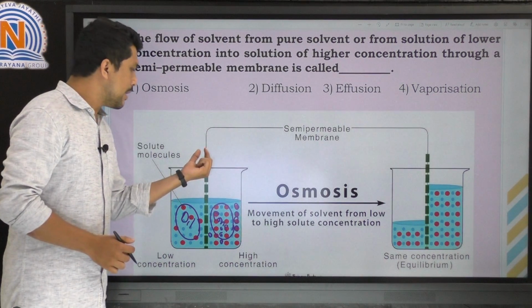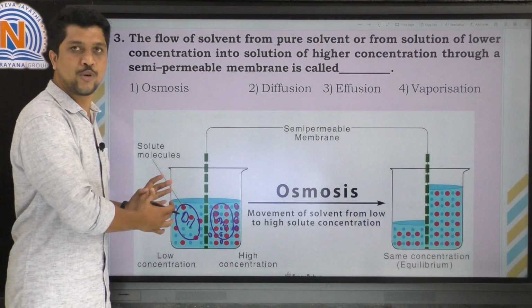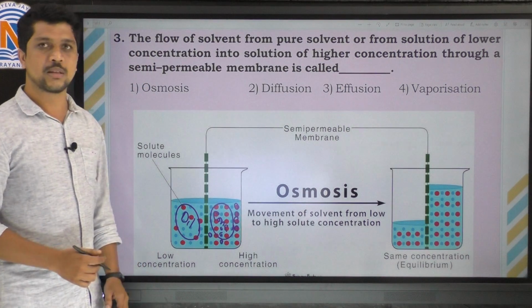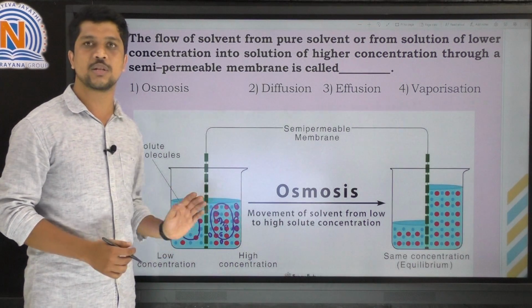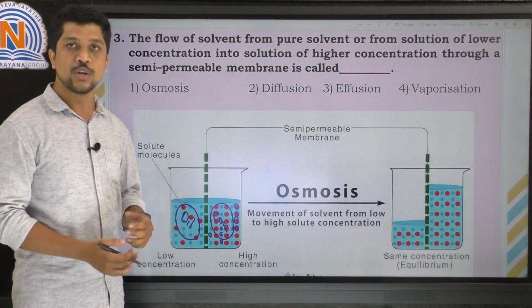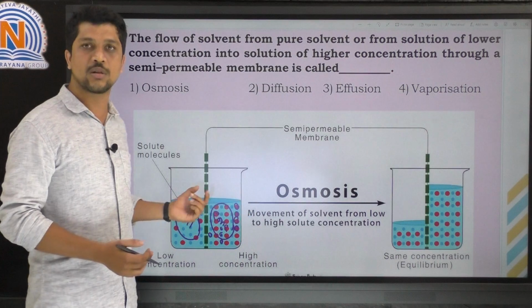Through the semi-permeable membrane, the solvent present in the dilute solution moves towards the concentrated solution to reduce its concentration. This semi-permeable membrane only allows the passage of solvent, not the solute.